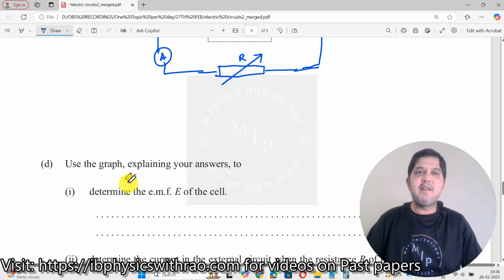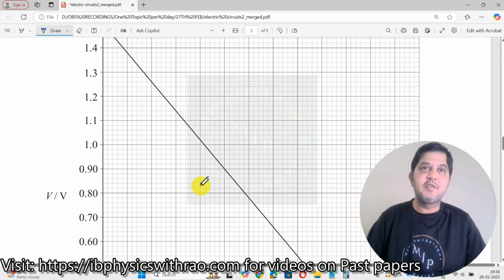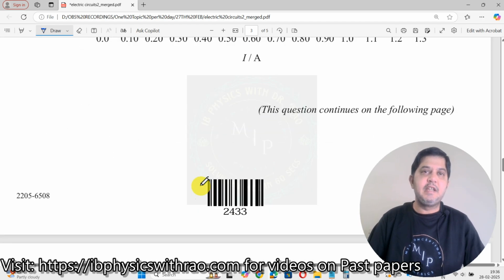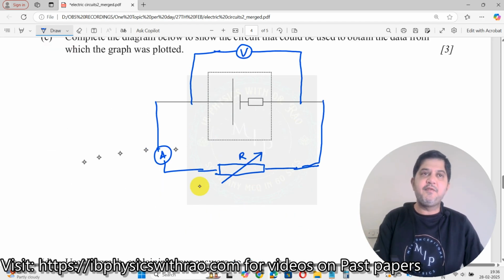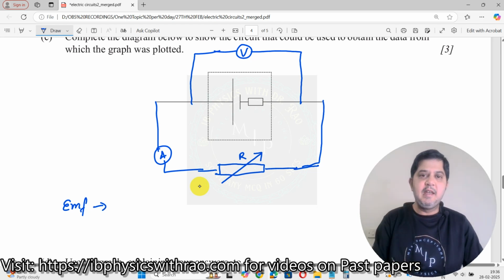So use the graph to explain your answers. Determine the e.m.f. of the cell. Find the e.m.f. of the cell from the graph given there. So what is the definition for e.m.f.? e.m.f. is nothing but electromotive force. But how do you define it?